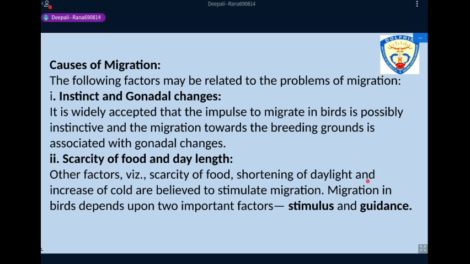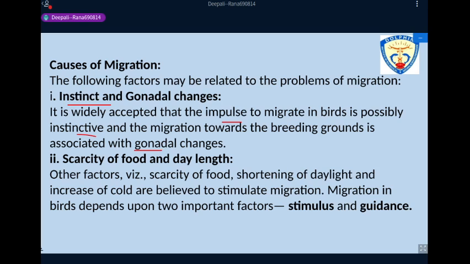So, the first of them is what? Instinct and gonadal changes. Okay, that is happening inside the body of the bird. It is widely accepted that the impulse, the signal to migrate in birds, is possibly instinctive. That means it is inherent, it comes automatically, and the migration towards the breeding grounds is associated with what?